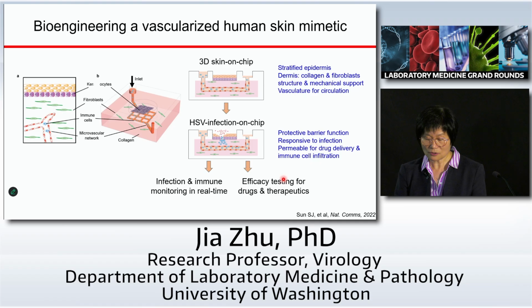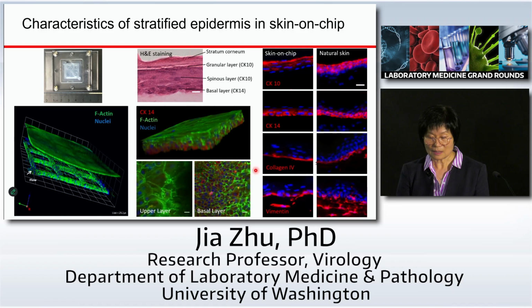It should also allow us to monitor the viral infection and immune response in real time and serve as a preclinical platform for assessing drug efficacy and other therapeutic agents. This is how the device looks in real time and in fluorescent confocal image.